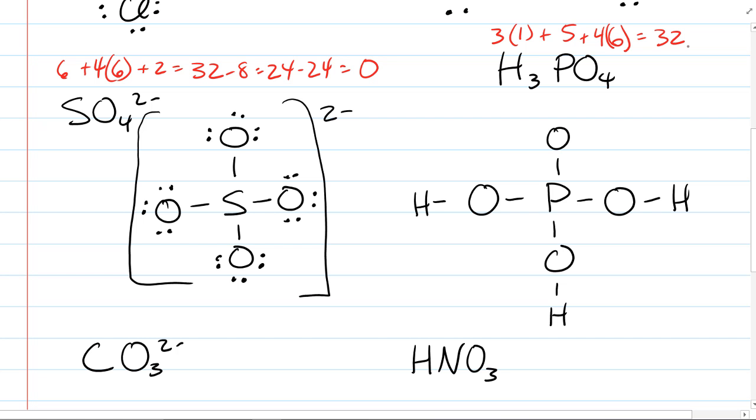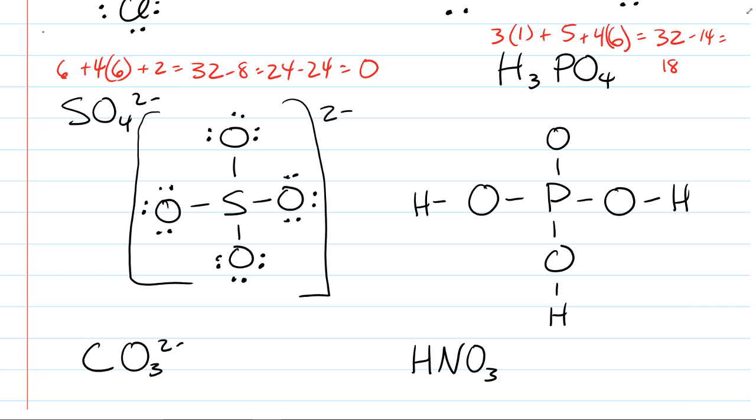If we look at our structure, how many have we used up? 6, 8, 10, 12, 14 we've used up. Remember that each line counts as 2. So we've used up 14 already, which means we have 18 left to go. Now the next rule says we place the dots on the surrounding atoms.